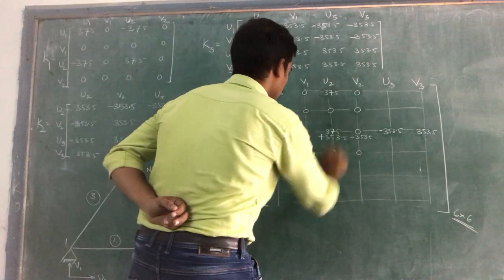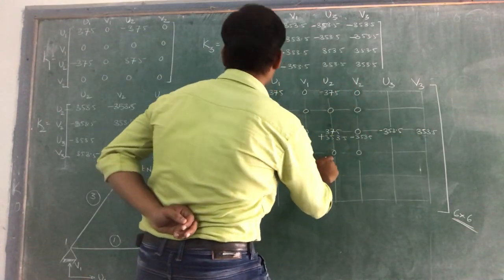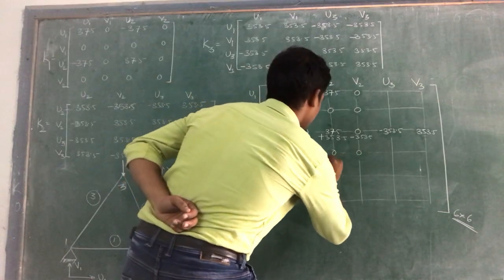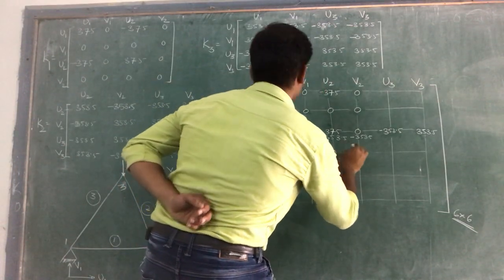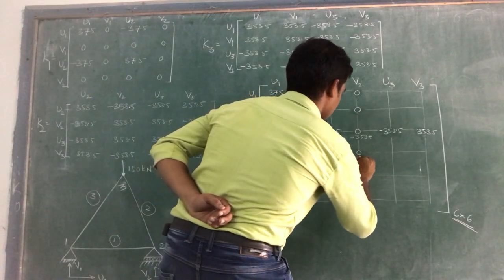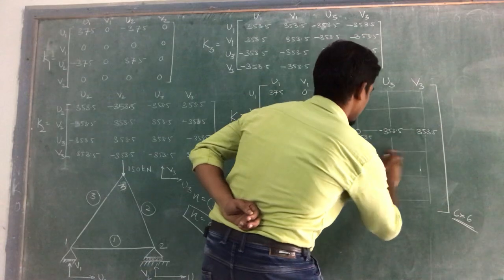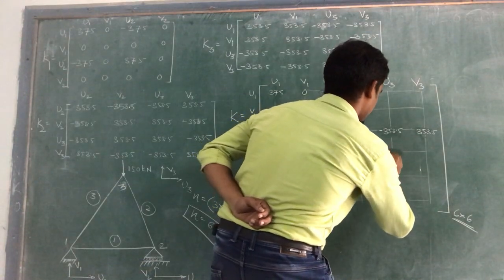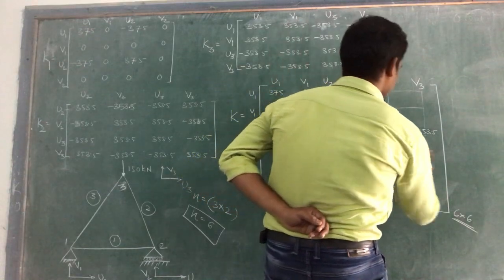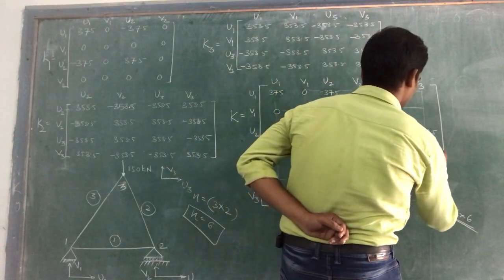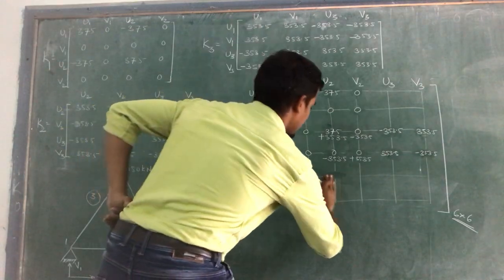This is your matrix. So the second row: minus 353.5, plus 353.5, plus 353.5, minus 353.5, then minus 353.5.